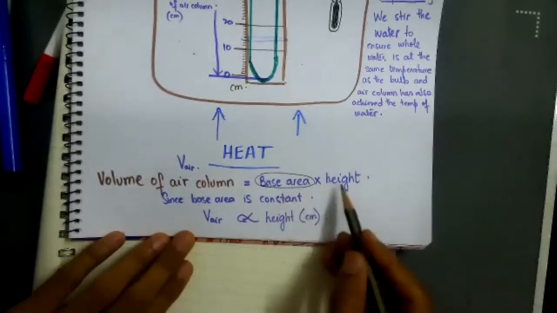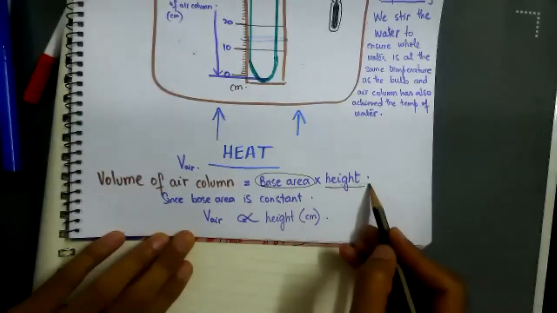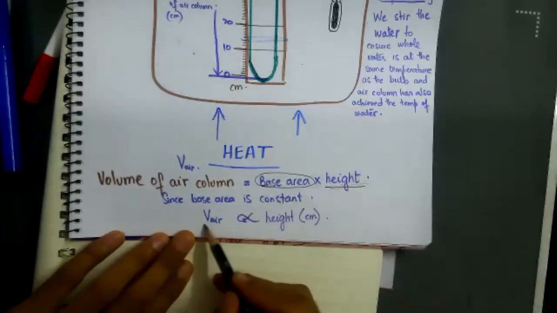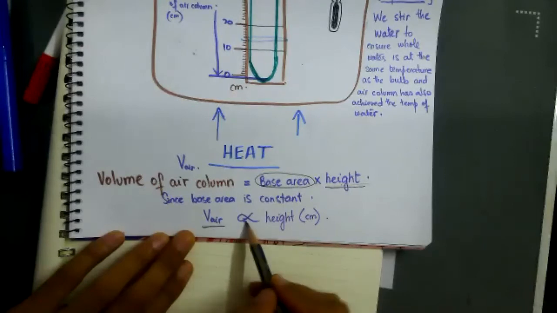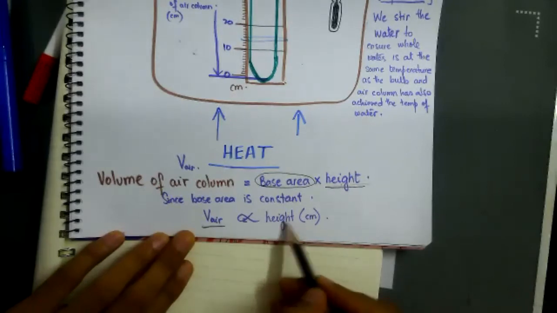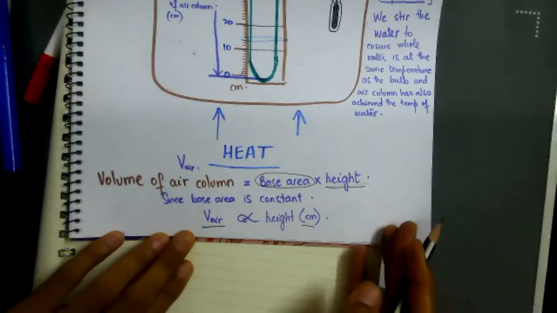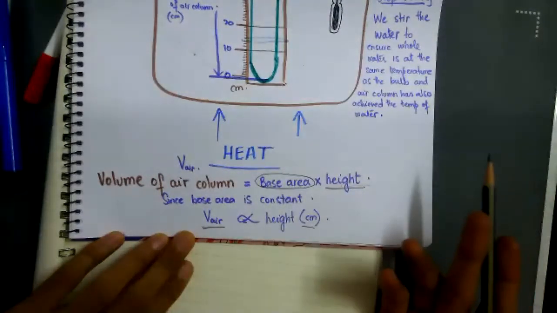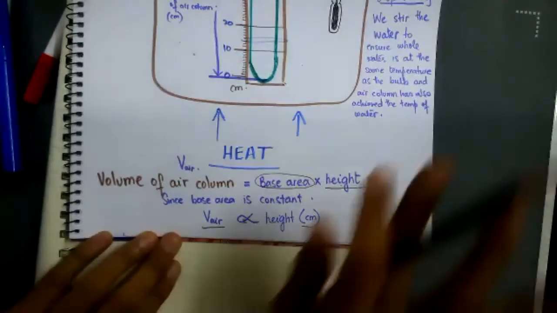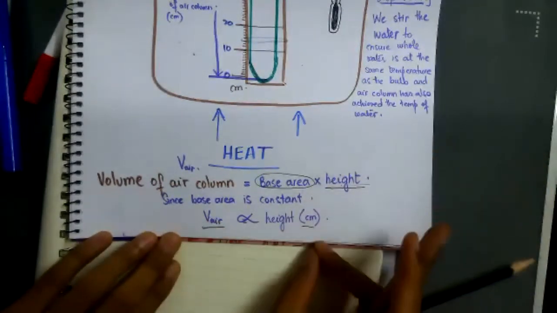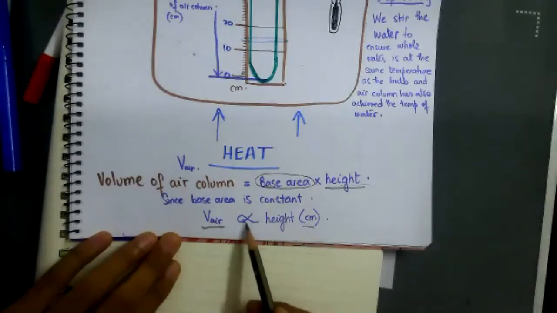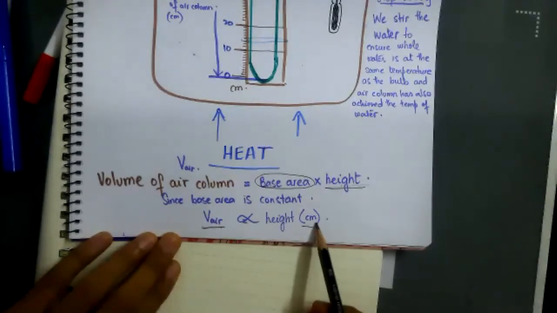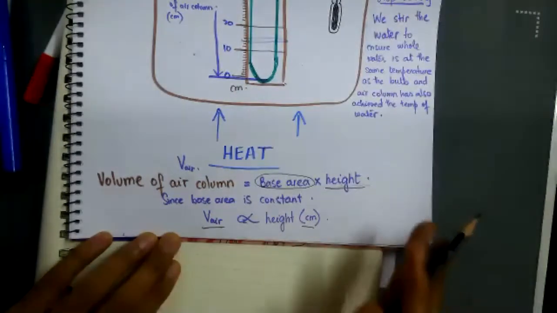Only the height will change. So the volume of the air column is directly proportional to the height, which can be in any units of this ruler, most probably centimeters.